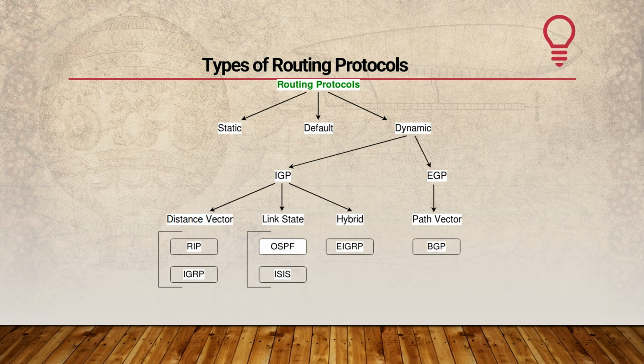But in the static routing case, it will not look at anything else. It will only follow what we have instructed: you have to go this way, that way, whatever we are telling, that only static routing will follow. Default routing is also the same way. There are many pros and cons within these routing protocols. Let us look at them in upcoming videos.